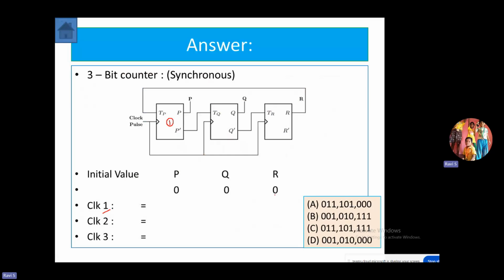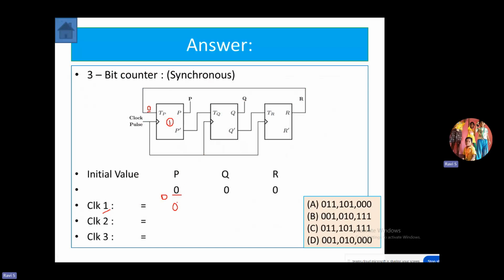The current value of R is 0, and that 0 appears as input for the first flip-flop. The moment the clock pulse arrives, P has the initial value of 0. Because the T input is 0, it results in no change. According to T flip-flop operation, when the input is 0, it does not change the state.